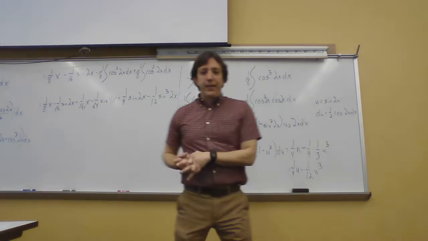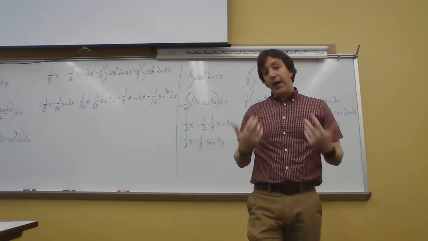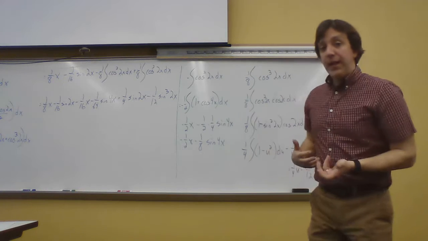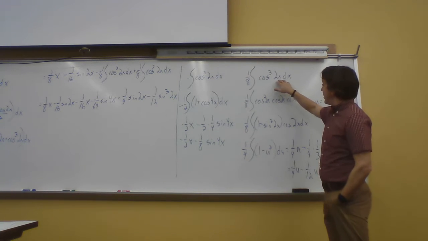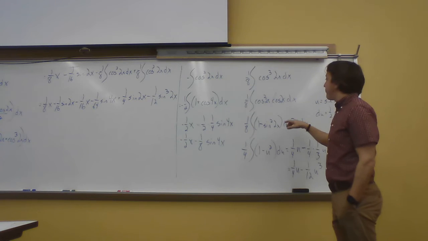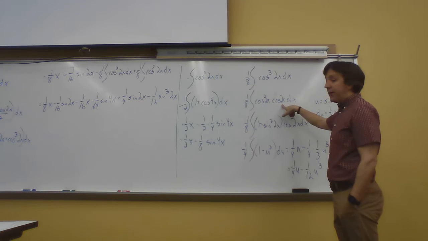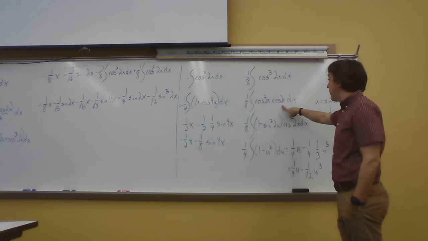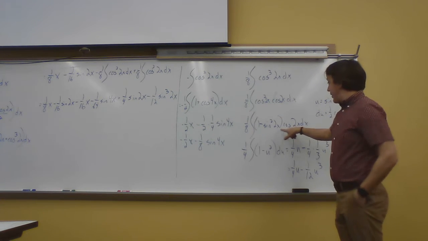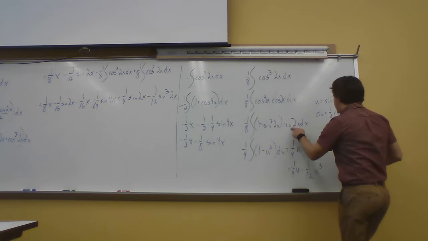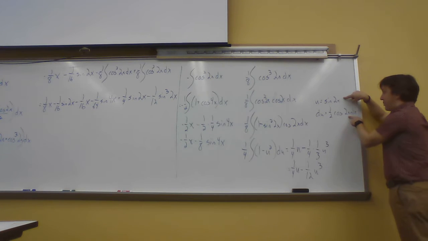But we just did stuff like this, right? This is a cosine to an odd power. And so I'm going to repeat that exact same trick. Here I have it. 1/8 times the integral of cosine cubed 2x dx. I broke it into cosine squared and peeled off that single cosine. I changed my cosine squared to 1 minus sine squared 2x because now the derivative of sine is cosine, and I do my substitution.